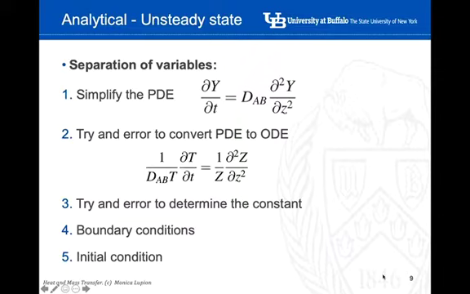Then we need to try to convert this partial differential equation to an ordinary differential equation, and there are different methodologies to do so. Third, we need to determine the value of the constants when we solve this ordinary differential equation, for 4 boundary conditions and 5 initial conditions.